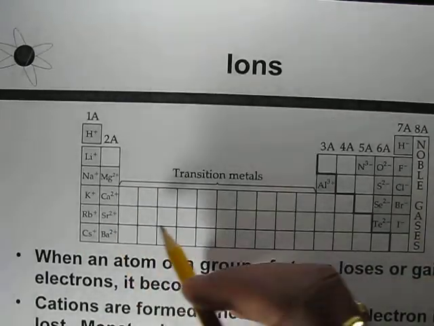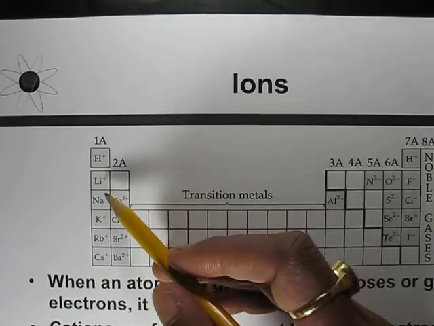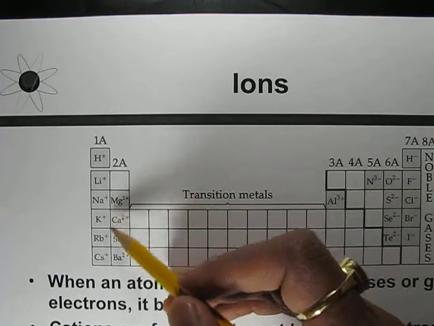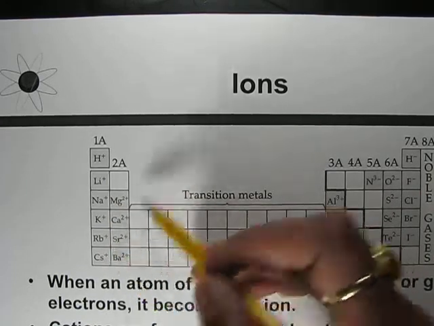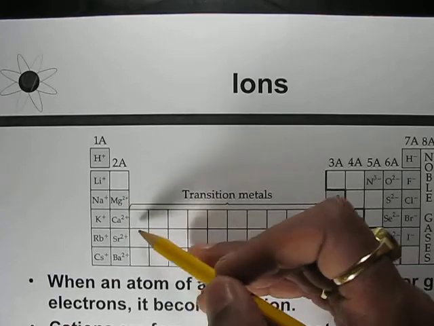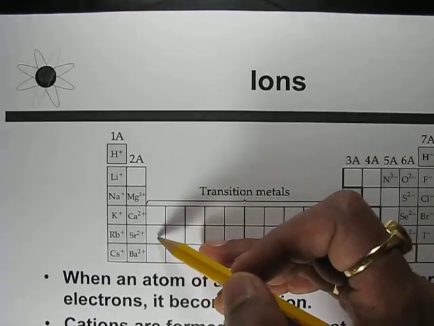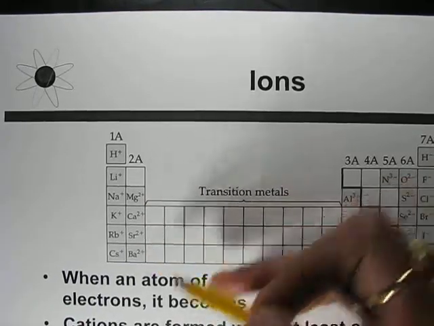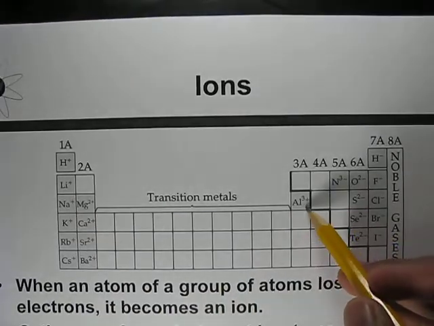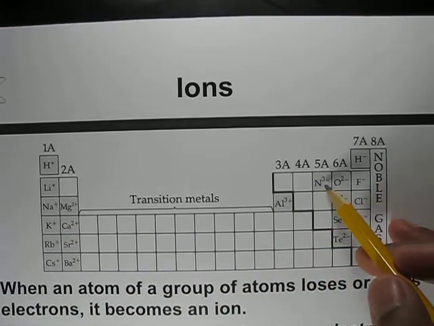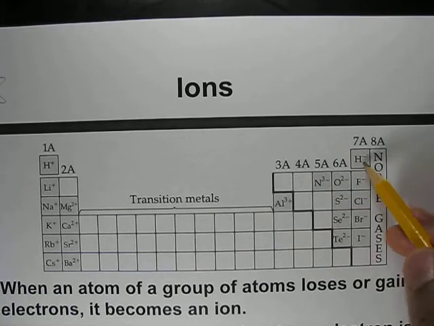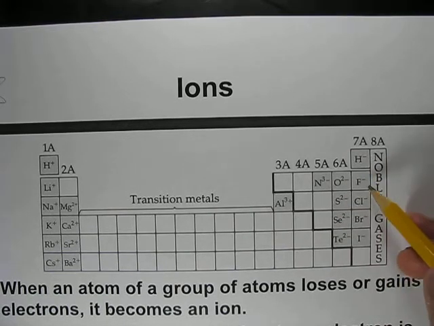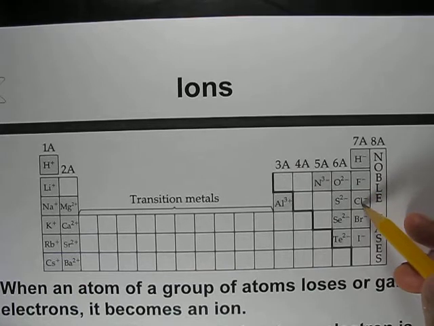You can see hydrogen is plus, lithium plus, sodium plus, potassium plus, rubidium plus, cesium plus, magnesium 2 plus, calcium 2 plus, strontium 2 plus, barium 2 plus, aluminum 3 plus, nitrogen 3 minus, oxygen 2 minus, hydrogen minus, this is actually called hydride, fluoride minus 1, chloride minus 1.